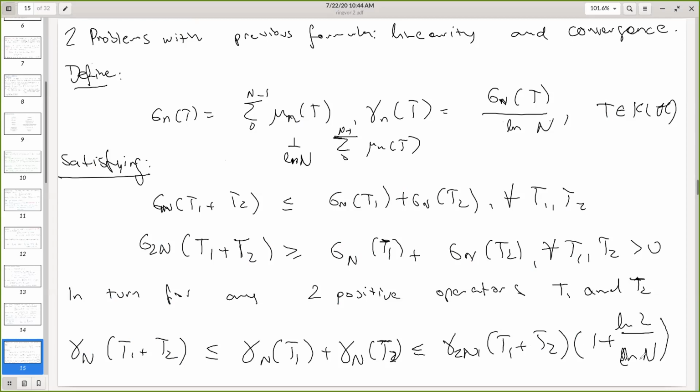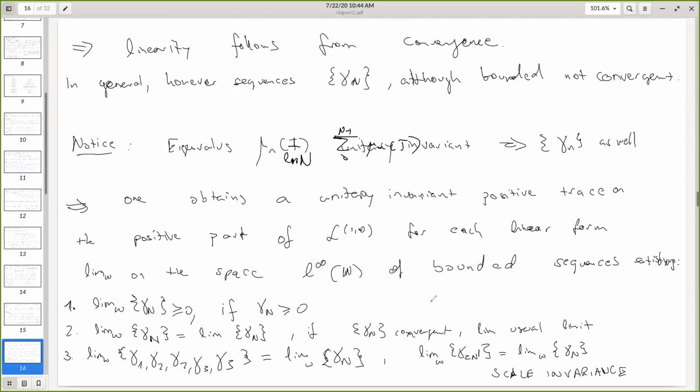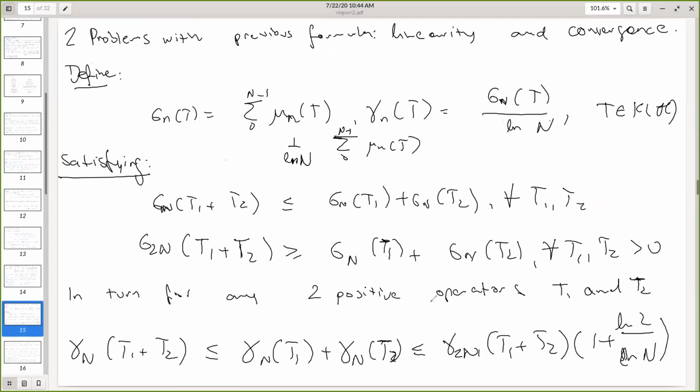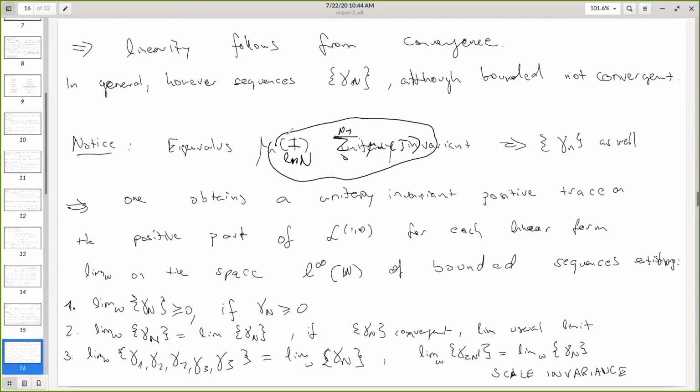You see that for n going to infinity, this term goes to 1, and this becomes basically equal to this one, and thus it is linear and convergent. So from linearity follows convergence, and from convergence, linearity follows. In general, however, these sequences γ_n do not have to converge.